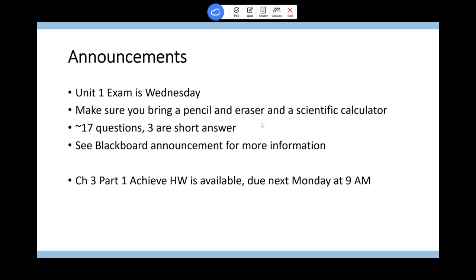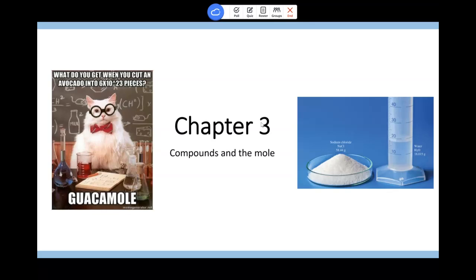All right. So let's get started with Chapter 3. Chapter 3 is all about compounds and the mole. The first half of the chapter is about the different types of compounds. We'll talk about what's different between a molecule and a compound, and then naming molecules and naming compounds. The second half of the chapter is about the mole, so how many actual atoms are in a certain amount of a substance.